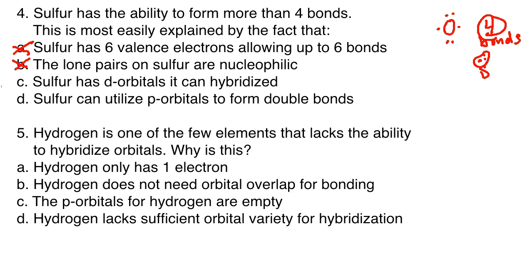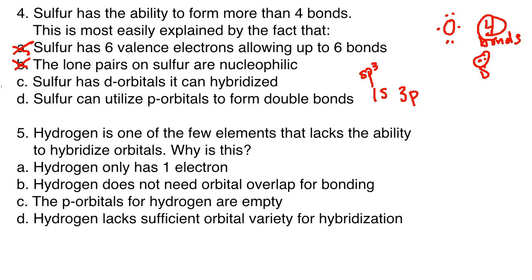Sulfur has d-orbitals that it can hybridize. This is a very good option because d-orbitals that can be hybridized means that I can start creating multiple hybrid orbitals that electrons can reside in. So in other words, when I have sp3, that's 1 s and 3 p's.